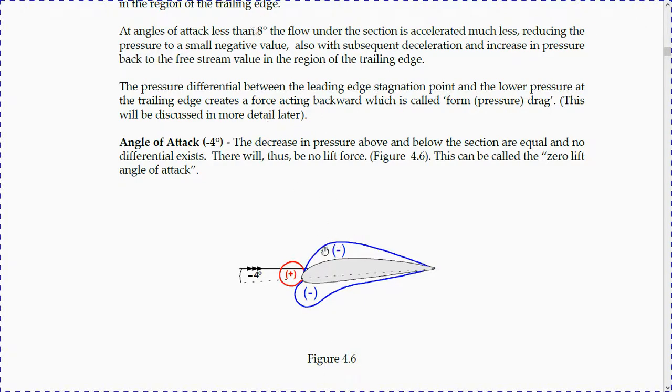Values less than 8 will have low pressure here, but it will be even lower here. This is not the case at -4. The pressure differential between the leading edge stagnation point and the lower pressure at the trailing edge creates a force acting backward, which is called form or pressure drag.